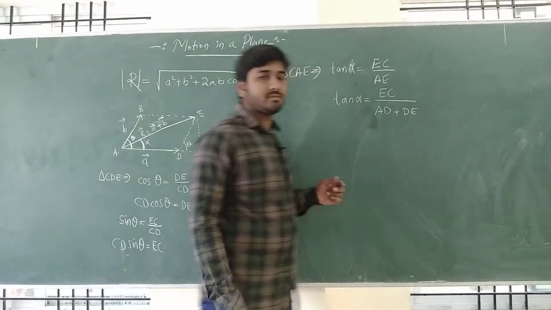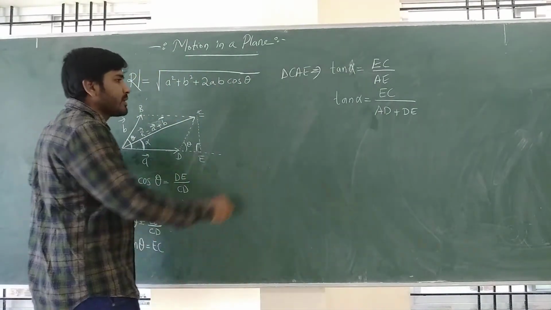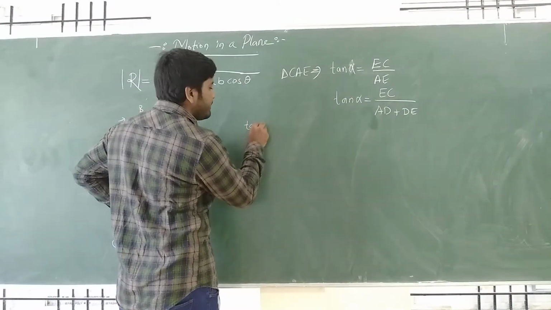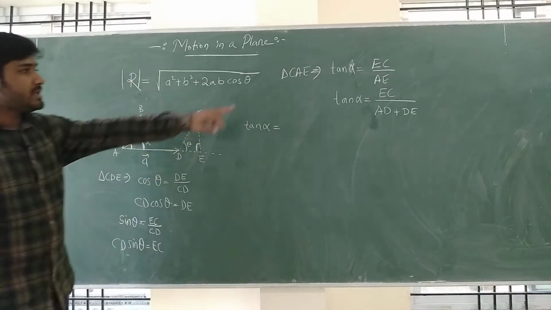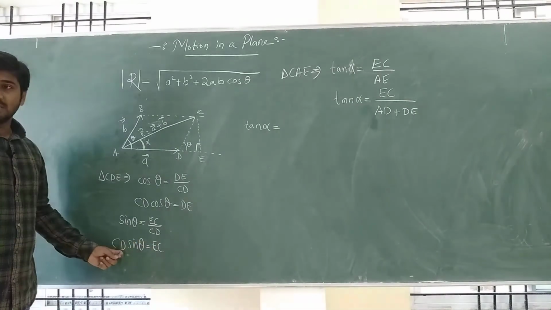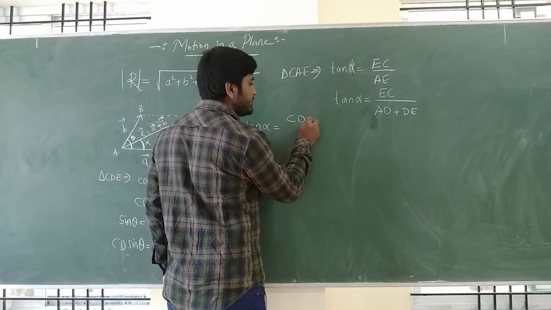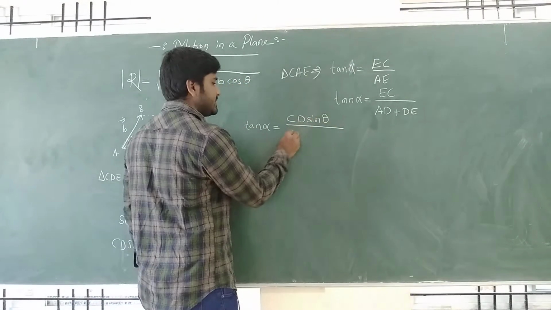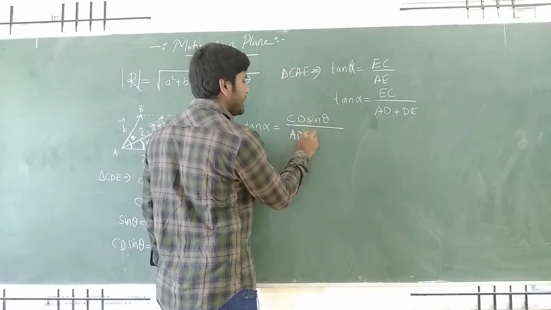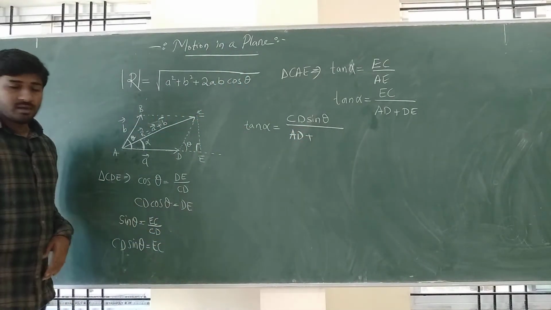Correct? Now, tan alpha is equal to, see, EC can be written as CD sin theta. Can I write it? EC is nothing but CD sin theta, divided by AD plus DE. DE is CD cos theta.